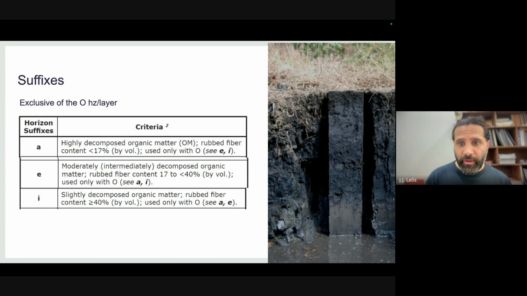I will show you some of these examples in the future, but we can have, for example, a horizon with 2, 3, or even 4 suffixes because it has gley properties, so gley colors, gray colors. I can also see some nodules, like iron nodules, some crystallization of salts, and some shiny faces.